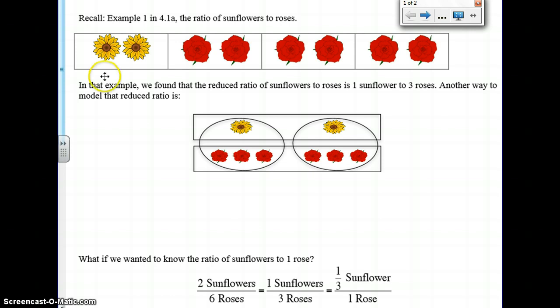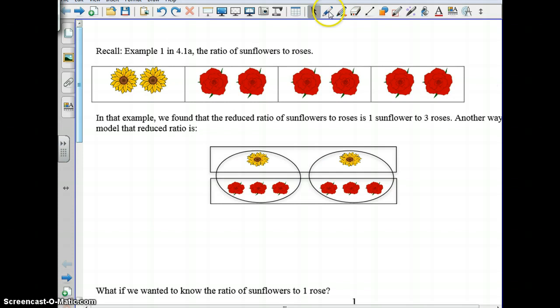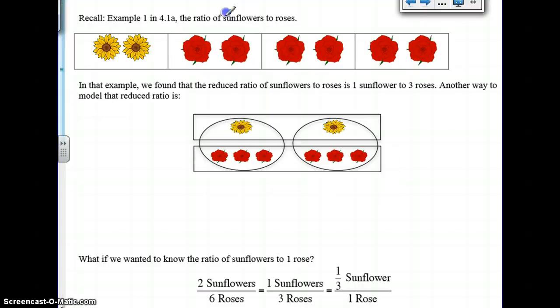All right, so you have your ratio of sunflowers to roses is 2 to 6. And what they said is, you could actually work with this a little bit more. Let me get my pen here. You could say, well, what if I split these into 2 different groups of sunflowers?